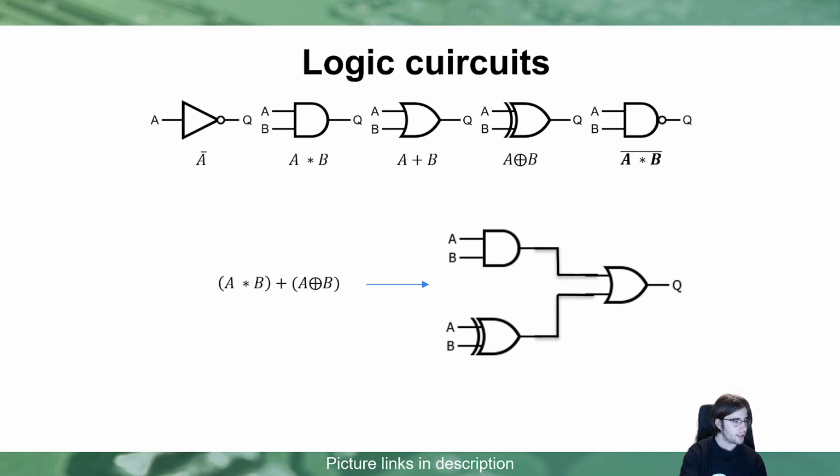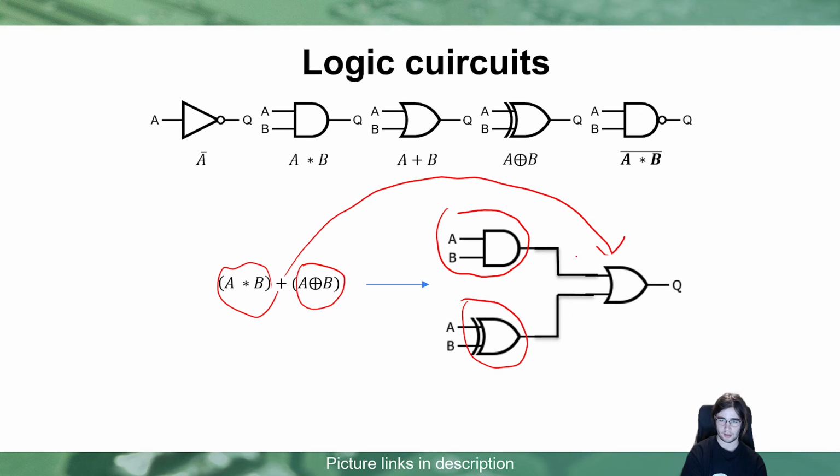And of course, we can reform logic formulas as written below here into the logic gates. This one would be transferred to exactly this here. So we go from what we calculate first. In the brackets we have A AND B that we do here, and then we have A XOR B that we have here, and then we connect that all together.